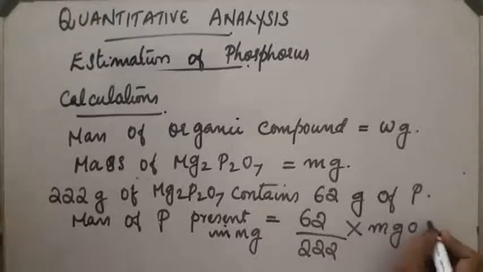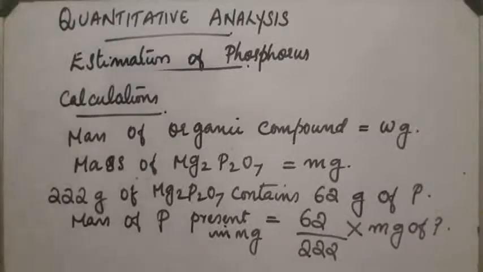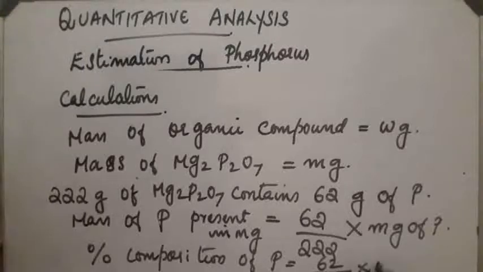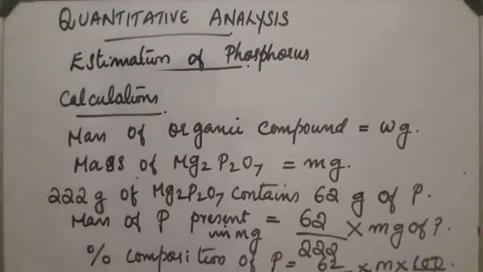Now the percentage composition of phosphorus will be equal to 62 by 222 into m into 100 by the weight of the organic substance. So from this formula we can calculate the percentage composition of phosphorus.